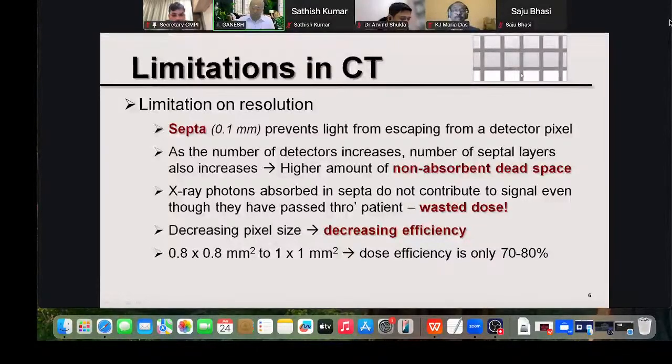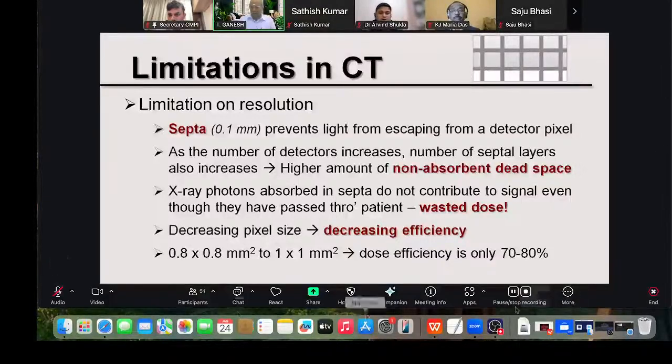But as the number of detectors increases, as you can see here, the number of septal layers also will increase. Because the more detectors there are, the more septal layers there will be separating the detectors, and that means that there will be a higher amount of non-absorbent dead space.